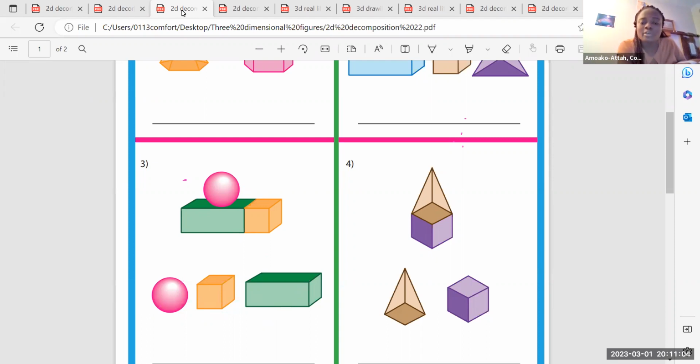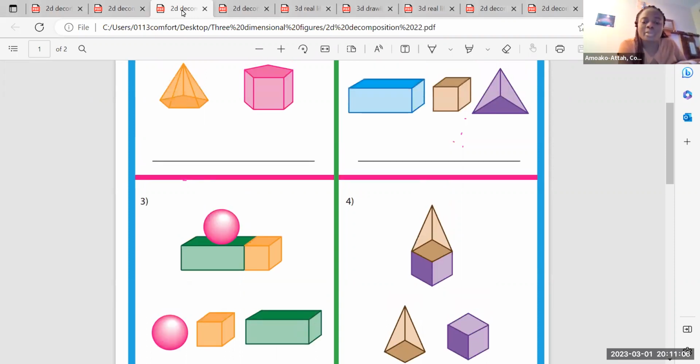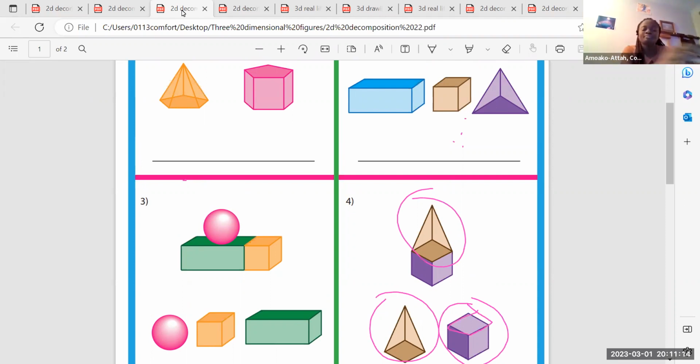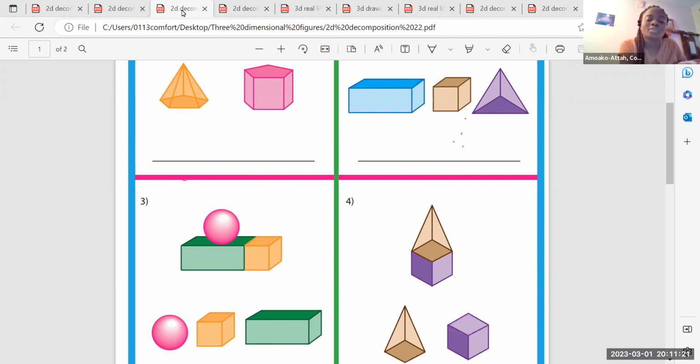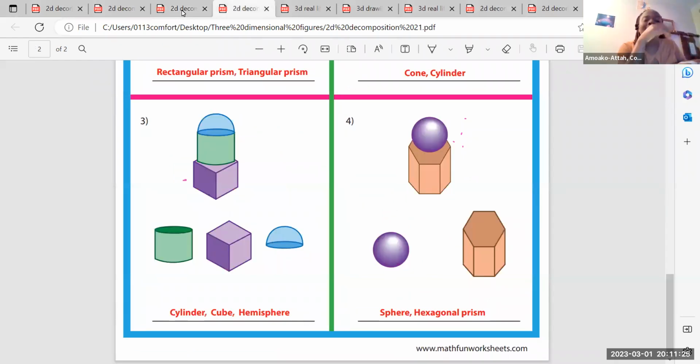We have the pyramid on top and the prism down. What type of prism? 1, 2, 3, 4. All right. So it can be a square prism. A square prism.